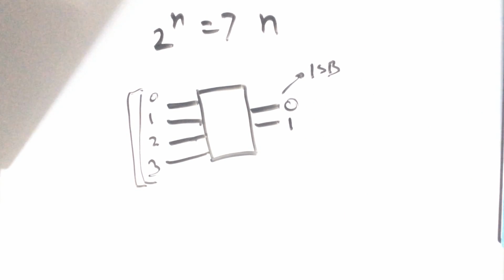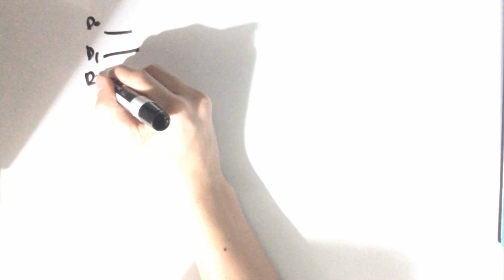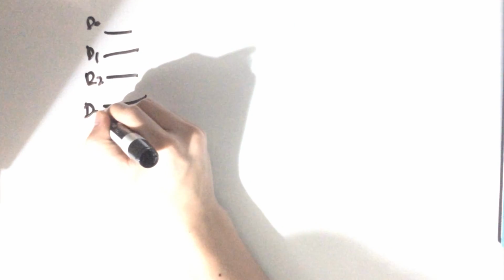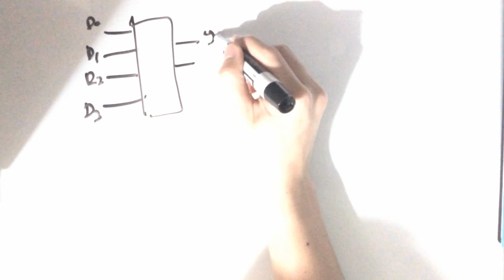Now why don't we go ahead and draw a truth table for this? But before that, we have our 4 inputs here, and I'm going to label them D0, D1, D2, and D3. Same thing, we're going to have our 2 outputs. I'm going to call them Y0, Y1.